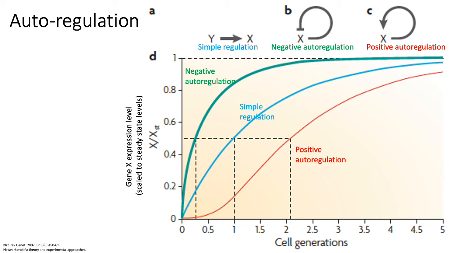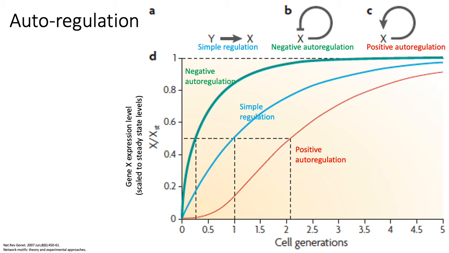And so if you think about negative autoregulation, where X inhibits its own expression, what's in some sense counterintuitive but interesting is that this typically leads to a faster response. The expression level of X achieves its steady state level typically faster than it would under simple regulation.